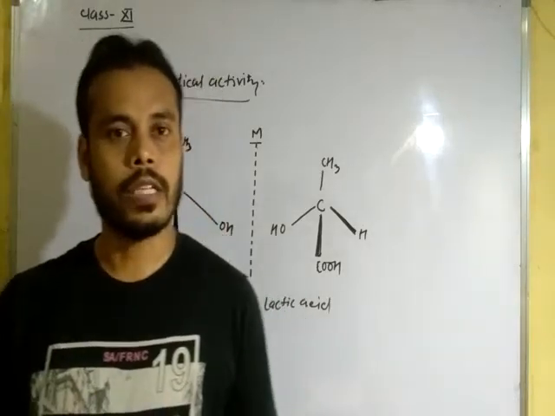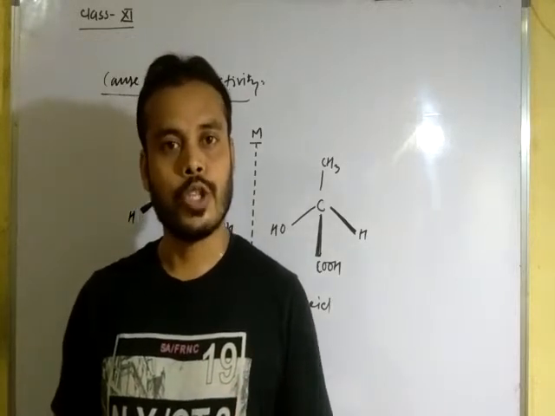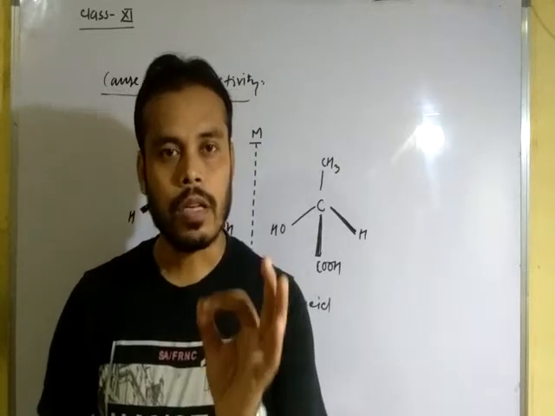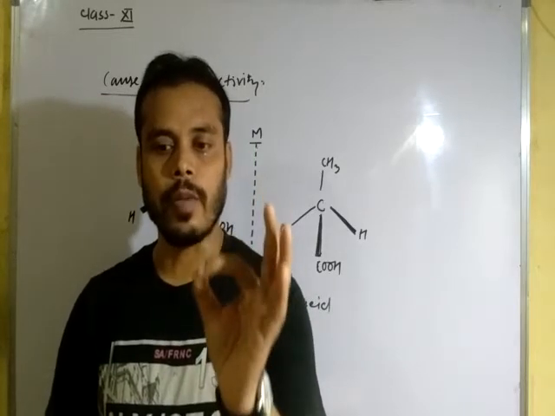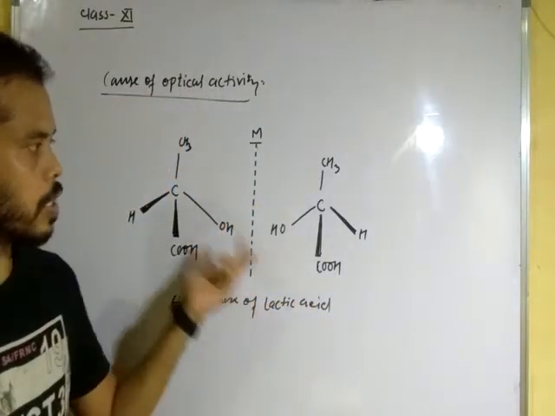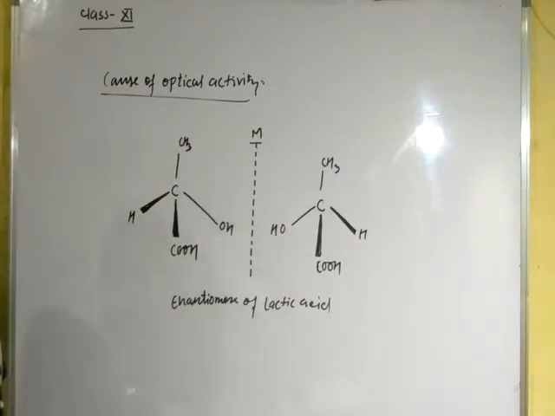The compound which shows optical activity must have non-superimposable mirror images of each other. That means the two enantiomers of lactic acid are non-superimposable mirror images.